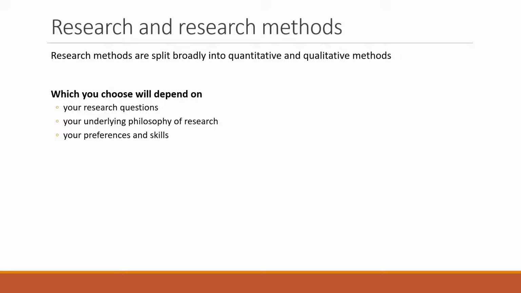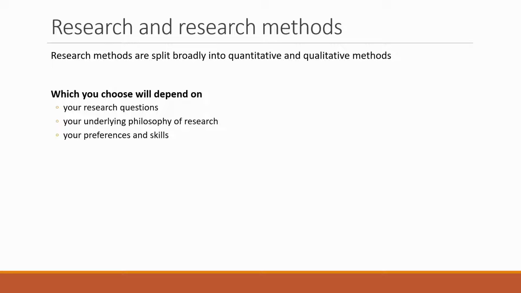And of course, it also depends on your preference and skills. Why preference? Because to answer one question, you can provide quantitative answers or qualitative answers. And why your skills? Because each type of research will require different skills and competence.